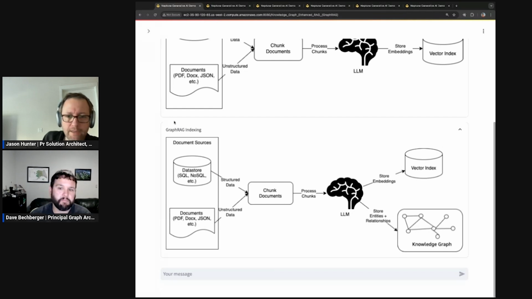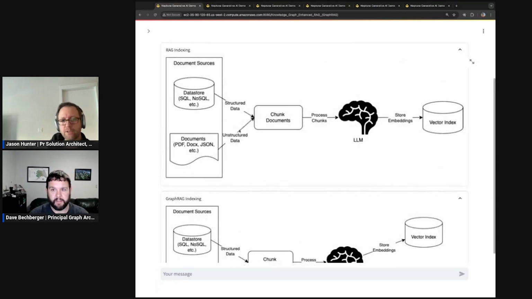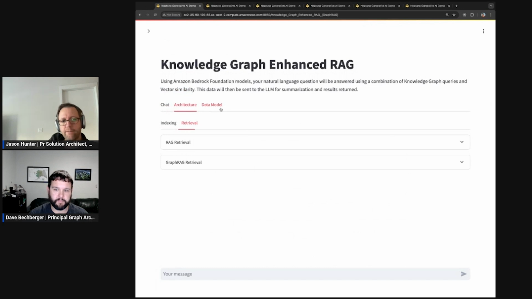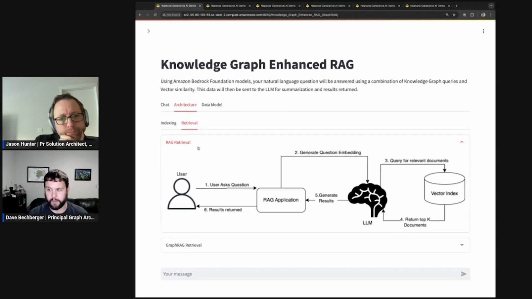Okay. So that's indexing. Now I've got my vector index, which can be your favorite, and I've got my knowledge graph in a graph database. All right, so what now? The flip side of this is the retrieval side. Now you have built this vector index and this graph. What do I do with it? In the standard RAG approach, you take a question.